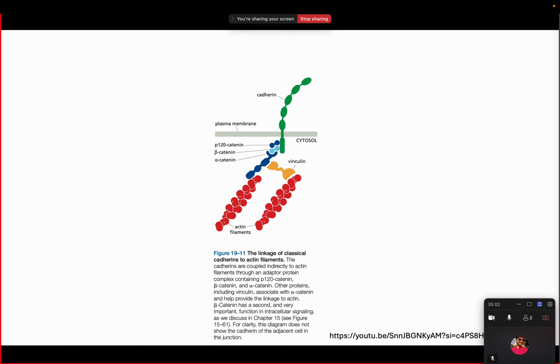So the benefit of having these weak interactions in multiple numbers is that whenever there is a need for remodeling of the cell or adaptation of a cell depending upon an external or internal stimulus, it becomes easier, because you need to rip out weak interactions. Though they are multiple in number, they are weak, and hence the cell doesn't need to put that much energy into breaking those connections, in comparison to when a cell makes a very stable connection with a strong bond such as a covalent bond.